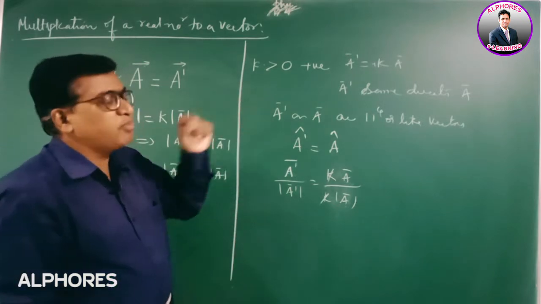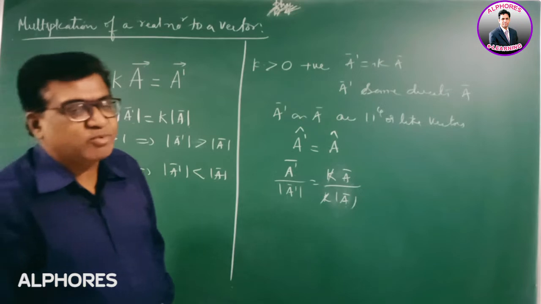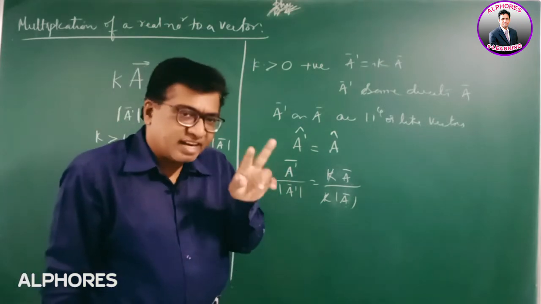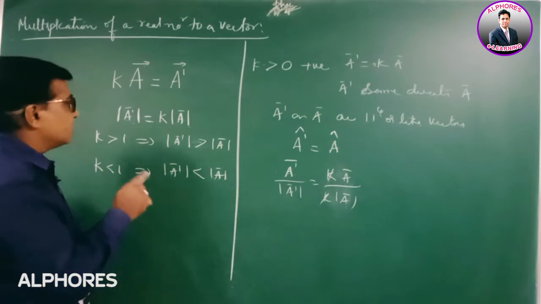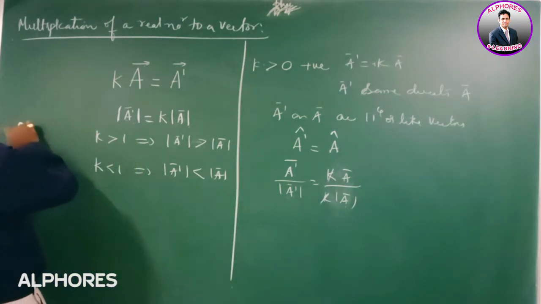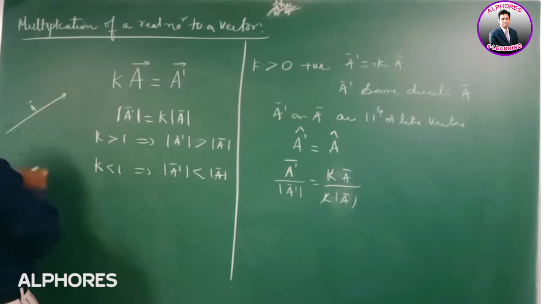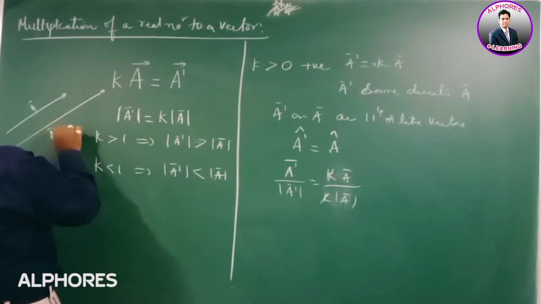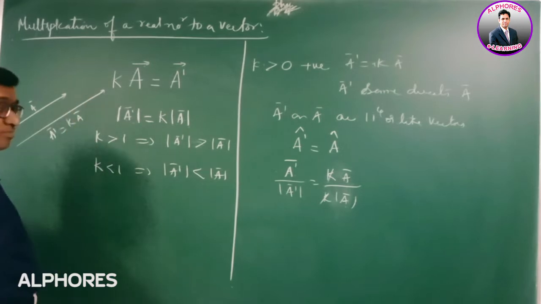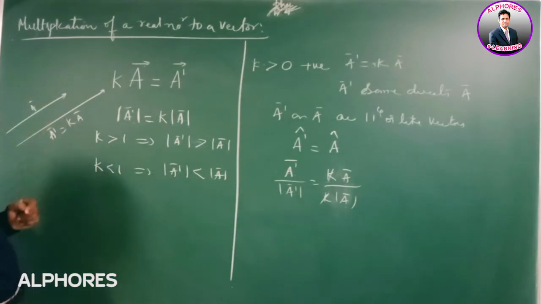If K is positive, A bar and A dash bar both will be in the same direction. They are like vectors, parallel, along the same line, collinear vectors. Suppose this is A bar, then A dash bar is K times A bar. For K greater than 1, it is like this.